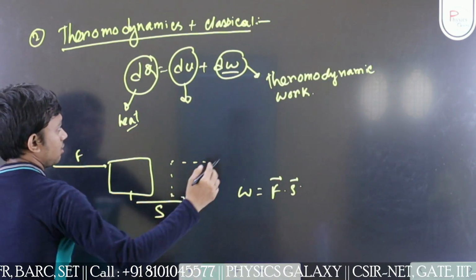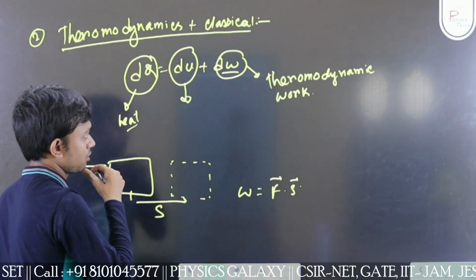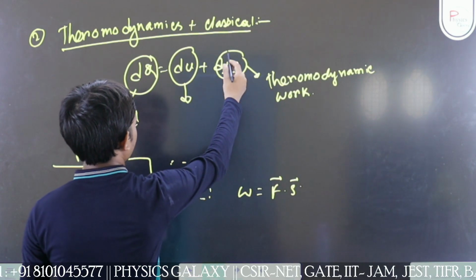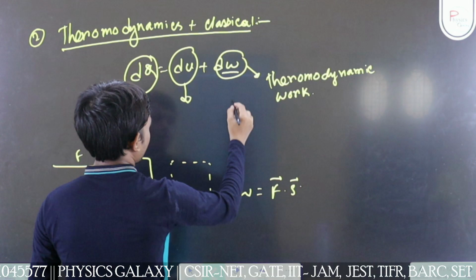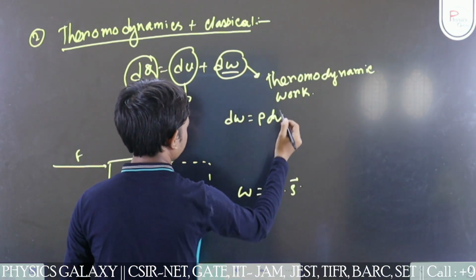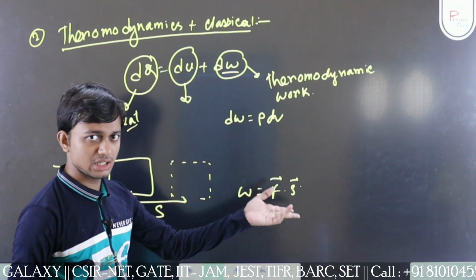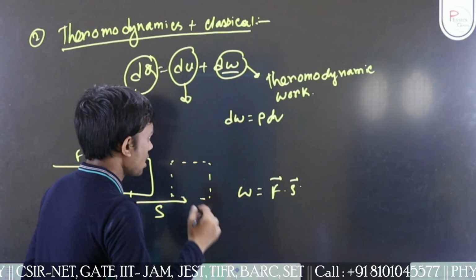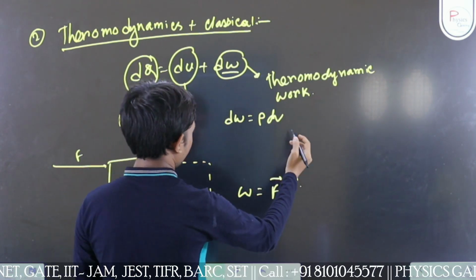And for this, in the question extension, one professor asked me what other types of work there are, since here we know PV work, but are there any other work done in a thermodynamic system. I said yes, there are many types.